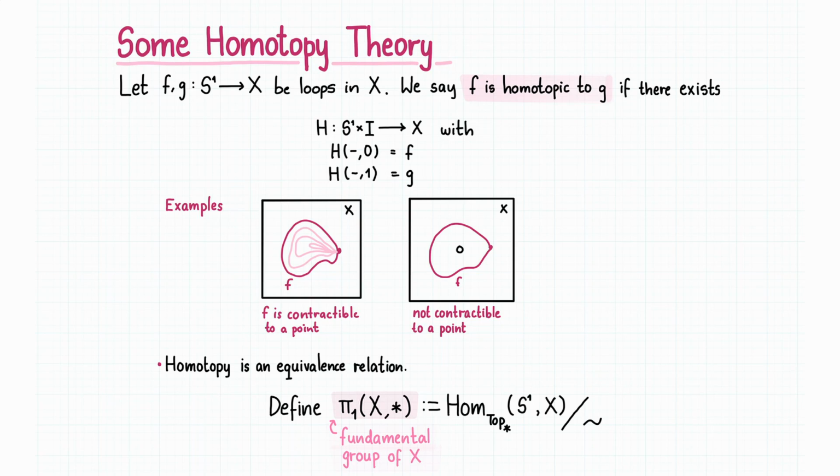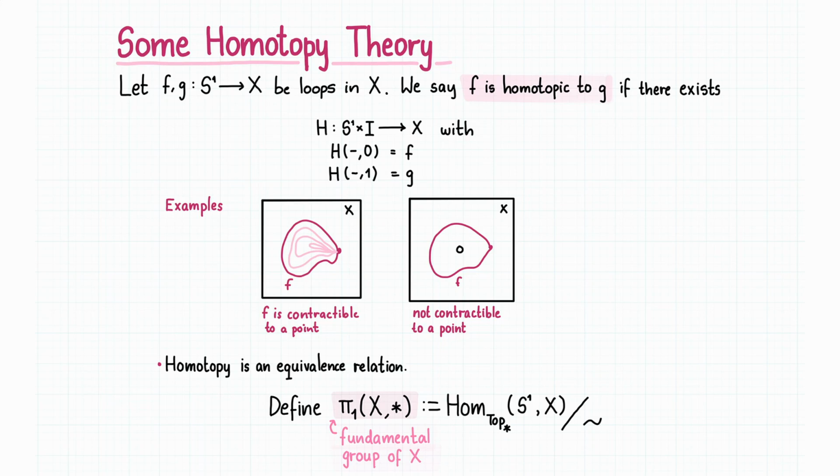If you're able to find such a continuous map which goes from f to g, then we say that those two loops are homotopic. In the case of contractible, you can take your second loop to be a point, the constant loop. And if you're able to take a loop to a point, then we say that that loop is contractible. Okay. And this relation between loops is an equivalence relation.